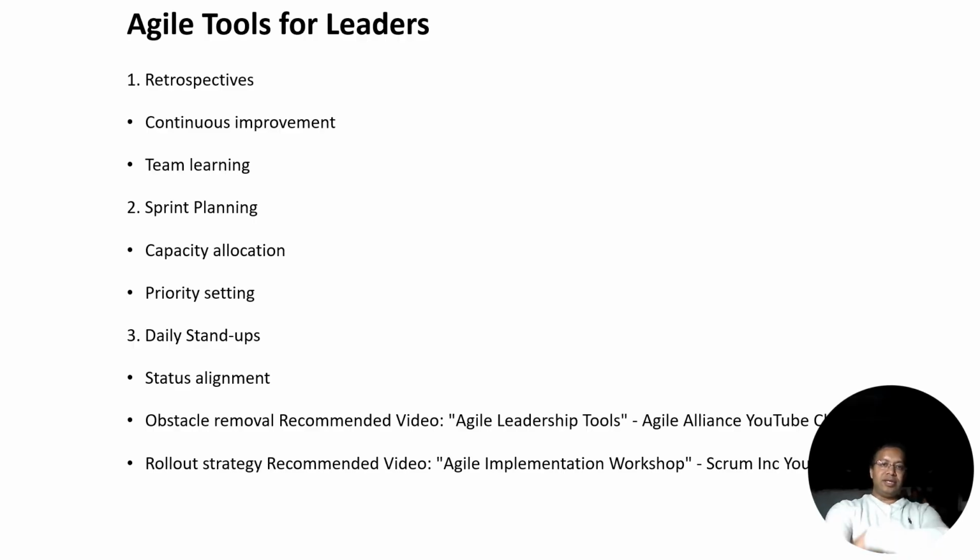The next tool that agile leaders can follow is sprint planning. Sprint planning is a crucial event within agile methodologies, specifically Scrum, where a development team collaboratively decides which tasks from the product backlog they'll work on during the next sprint.